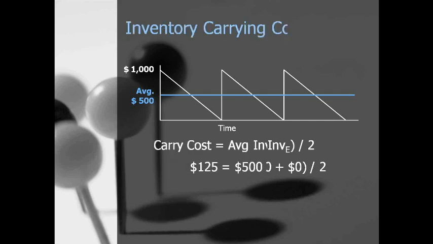And it costs us now, if we do the calculation, if it costs us 25% carrying cost on that average inventory of $500, to carry that $500 of inventory for 1 year cost us $125.